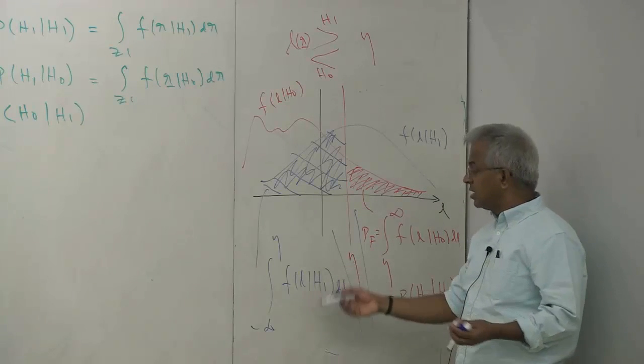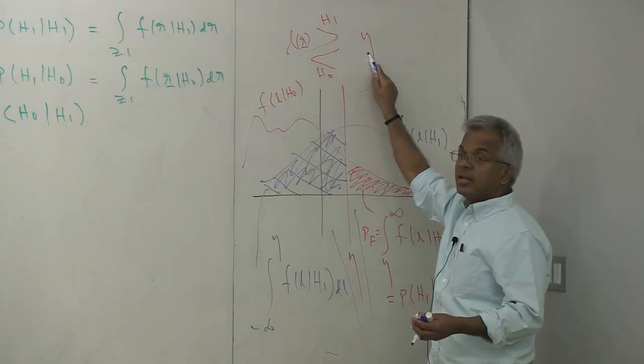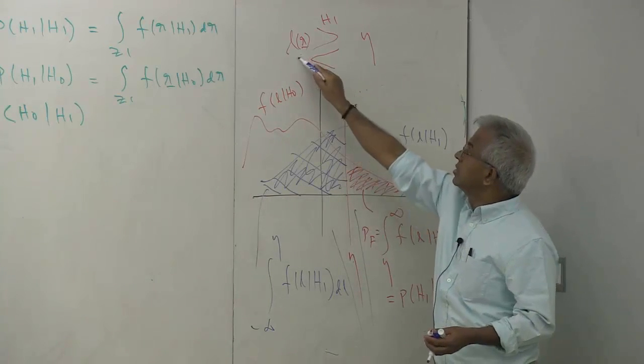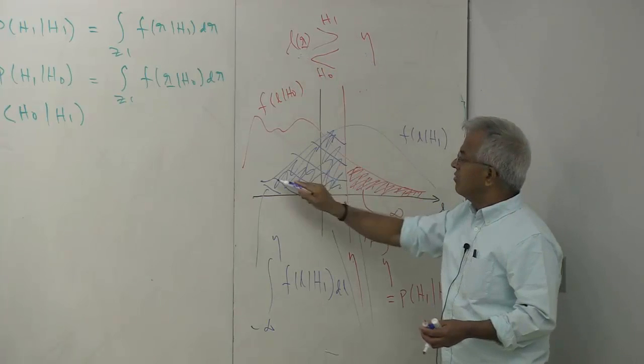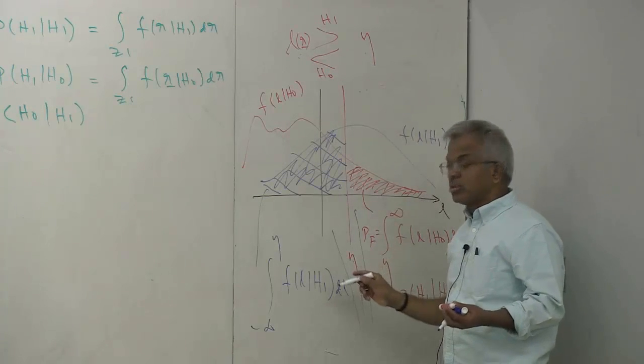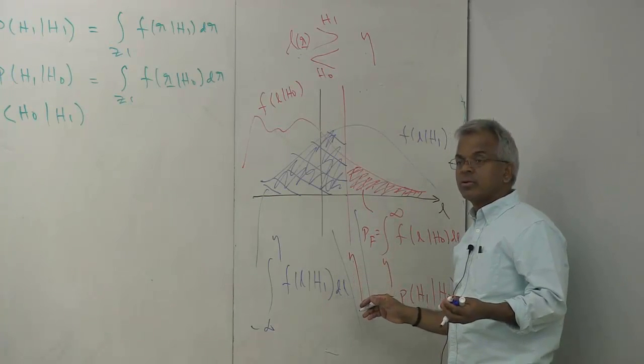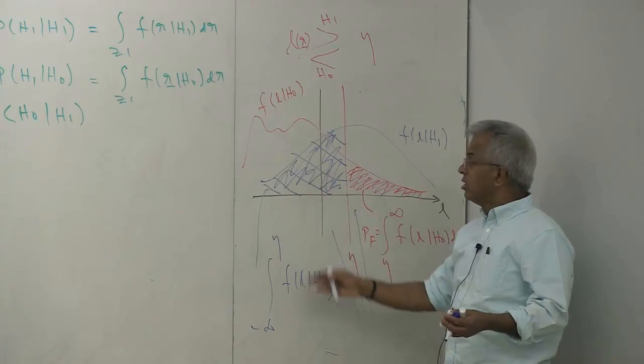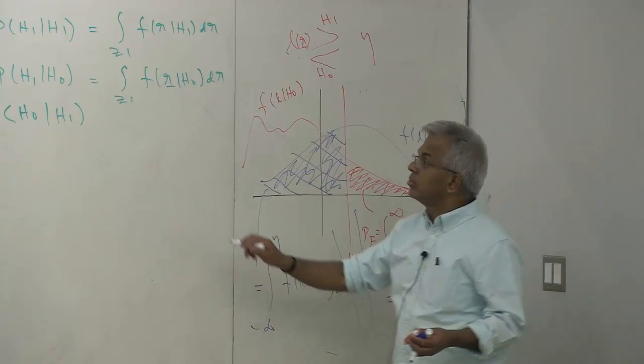That means L is less than eta. I'm only integrating up to here. If L is less than eta and H1 is true, that means you are deciding in favor of H0 when H1 happens to be true.